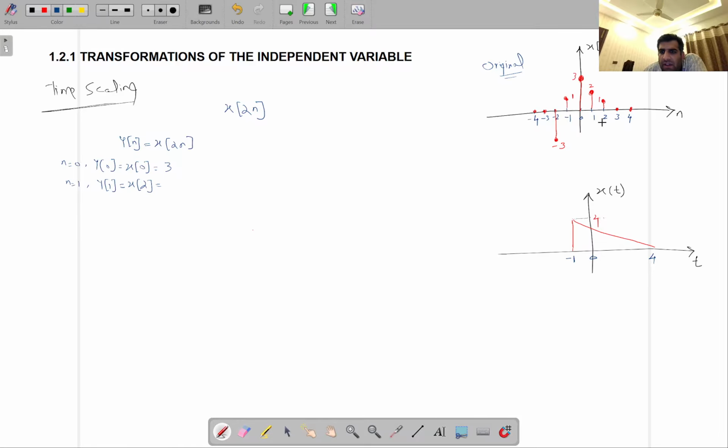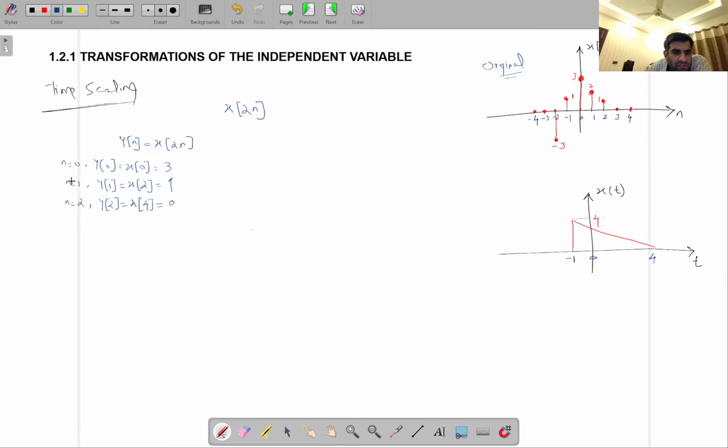The value of signal x at n is equal to 2 is basically 1. So we write 1 over here. Let's take one more value, n is equal to 2. That gives me y of 2, and inside the brackets 2 multiplied by 2, which gives me x of 4. The value of signal x at n is equal to 4 is basically 0.